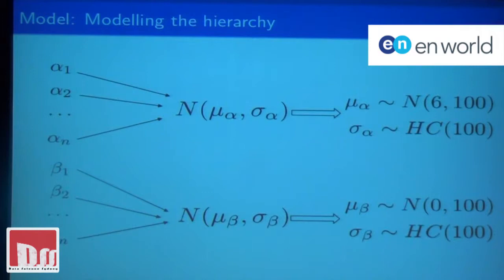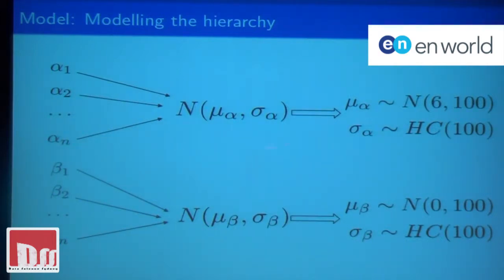So moving on. This is essentially modeling the hierarchy of the data. And these are the actual parameter estimates, the values for the prior distribution that I use. So here what you have is essentially the mean of the different postcodes, so alpha 1, alpha 2, up to alpha n.